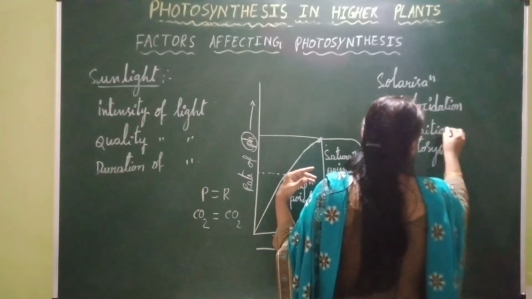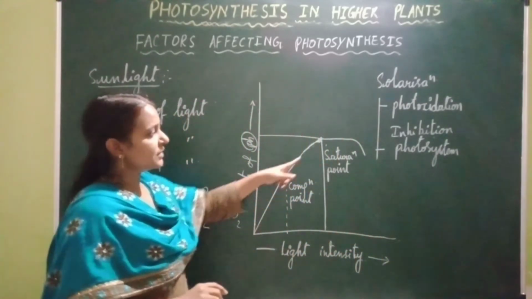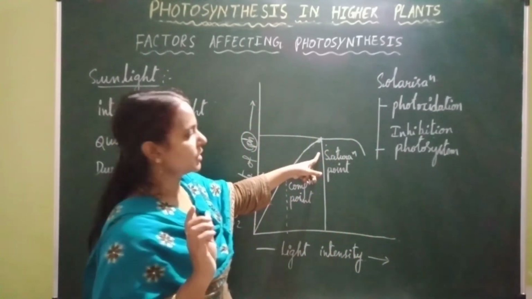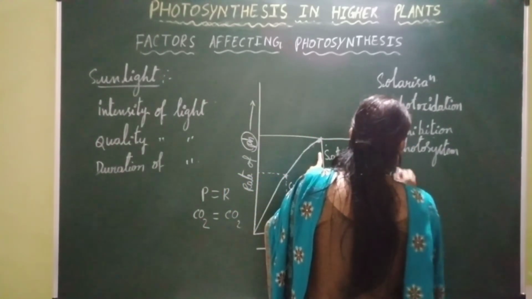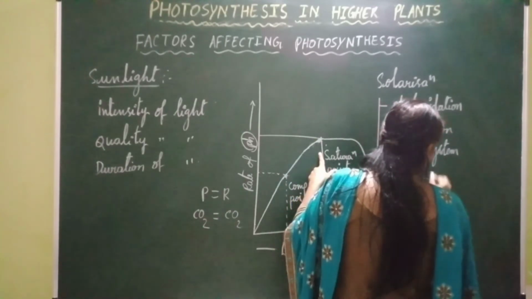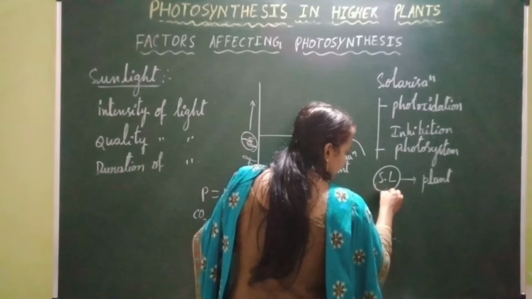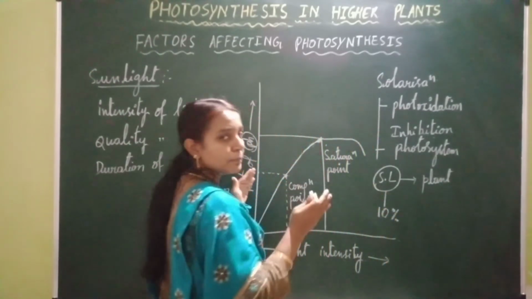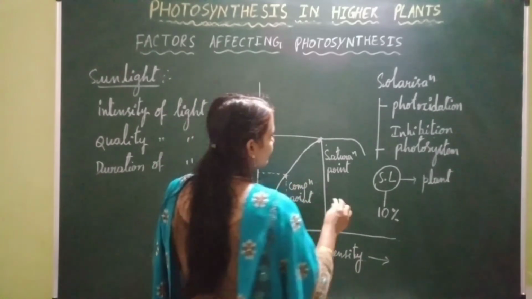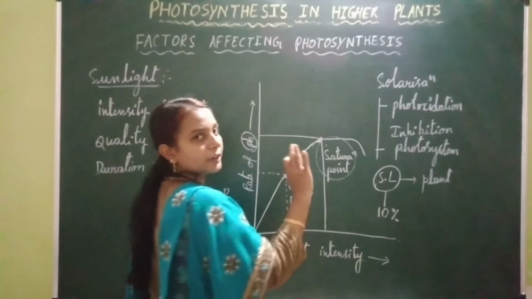Now let's discuss two more points here. Regarding the light intensity at which the saturation point is reached, among the total amount of sunlight absorbed by the plant, only 10% of the sunlight is enough to reach the saturation point, or the maximum rate of photosynthesis.